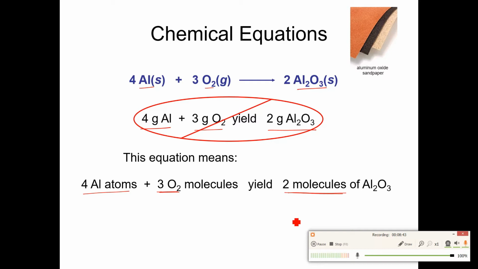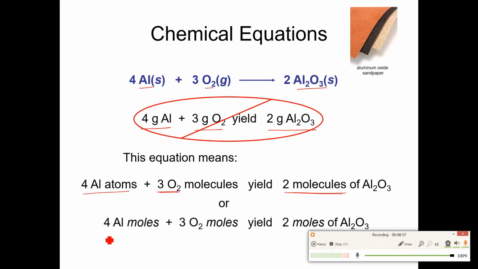But then we have also understood in class 9 that a chemical reaction always shows conservation of mass. So in terms of moles, we can also say that 4 moles of aluminium react with 3 moles of oxygen and 2 moles of aluminium oxide are yielded.